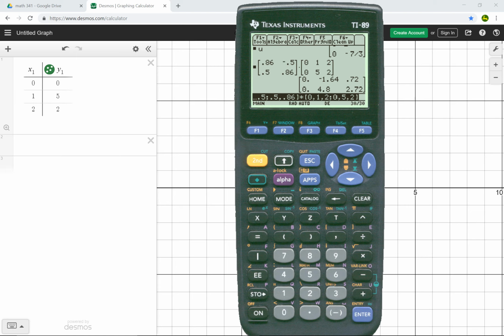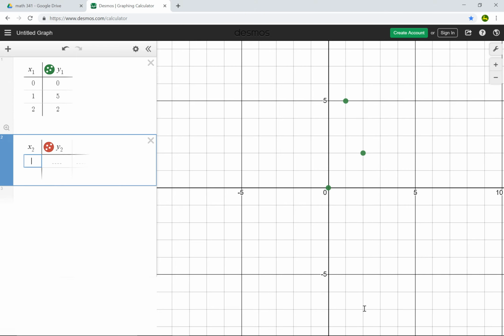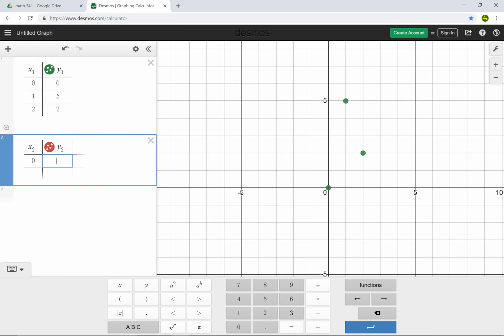I get these points. So I'm going to put in a new table. 0, 0, and what did I say?